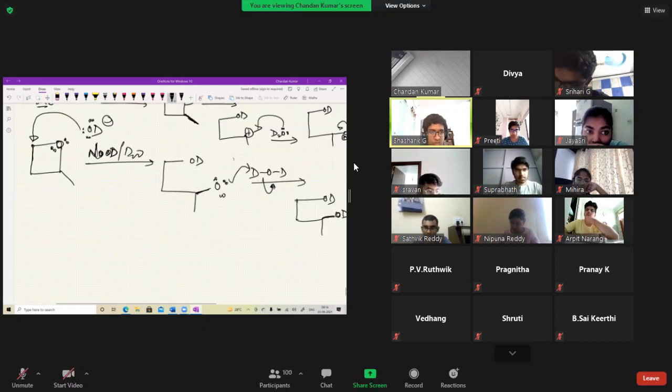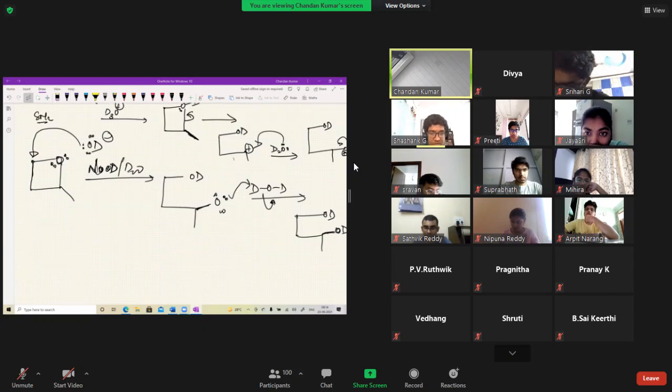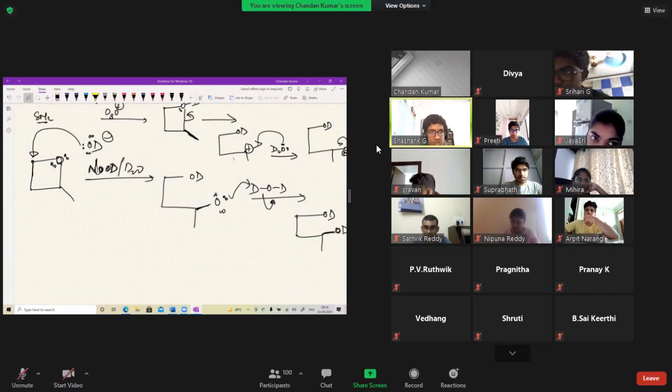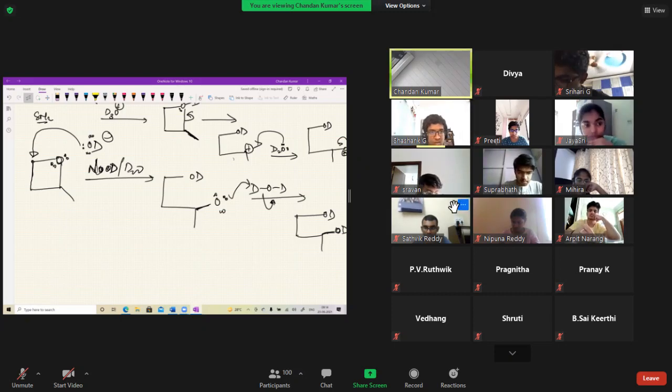Sir, in my reference book, there's one line which says that all polyhalide ions are interhalogen ions. In which reference book? OP Tandon. Yaar, don't trust OP Tandon. Sir, online also in some research papers, they've said that I3 minus is interhalogen.